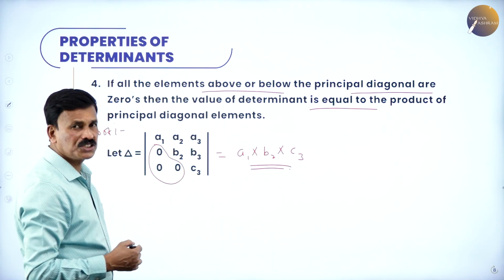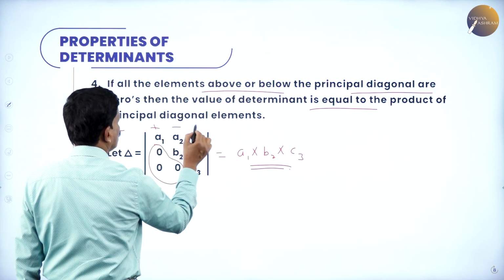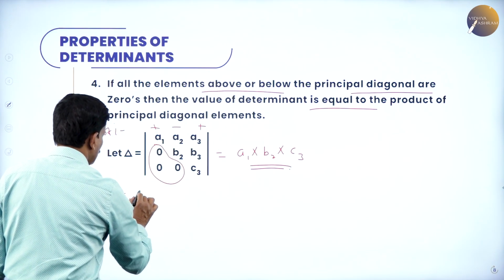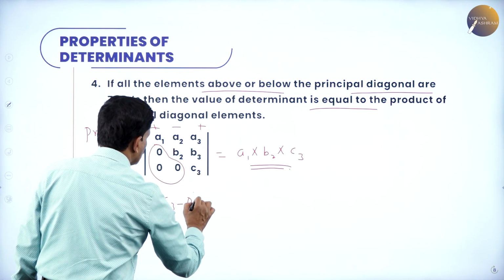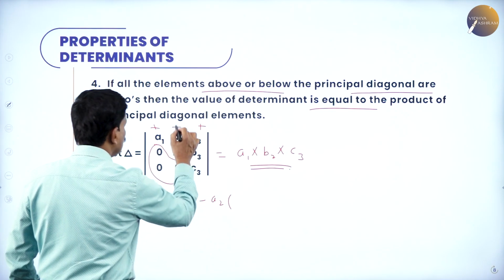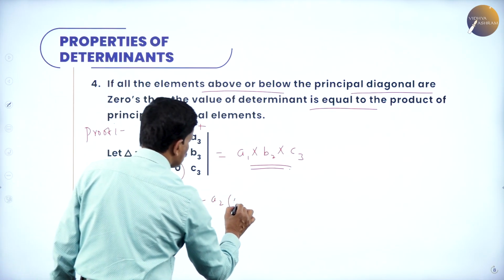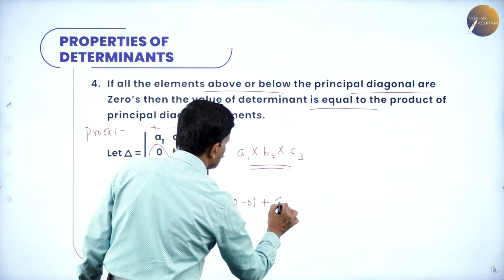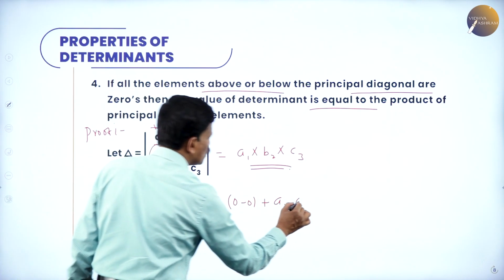Now let us expand and check. Plus, minus and plus. A1 into B2 C3 minus 0 into any number is 0, minus A2 into this row and column is deleted, 0 into C3, 0 into B3, 0 minus 0, plus A3 into this row and column is deleted, 0 minus 0.